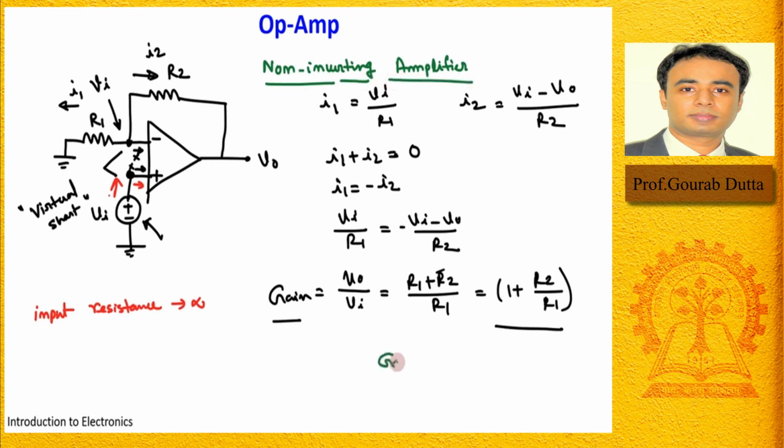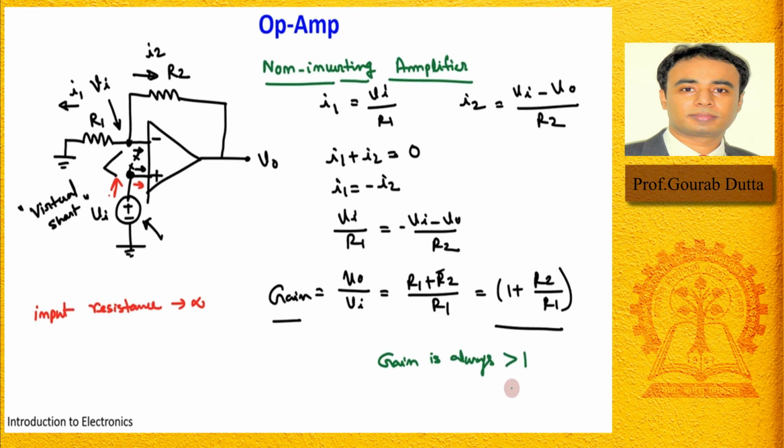So here we can see this gain is always greater than 1, right?